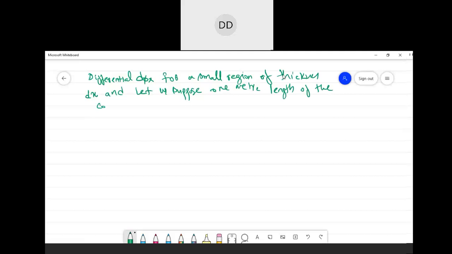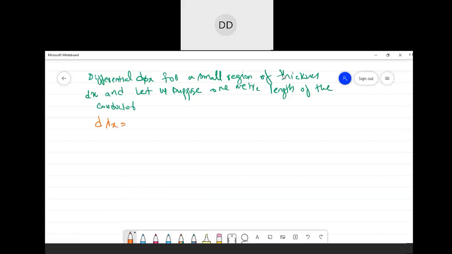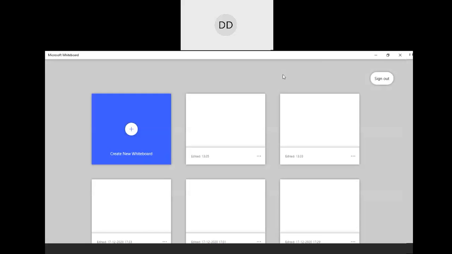Now the numeric equation to calculate the other parameters: d phi x is nothing but your magnetic flux density into the length, and the length is 1, so this is equal to mu naught I dx by 2 pi x. Nice. Now if we go back to our previous slide, which we just saw, see here.